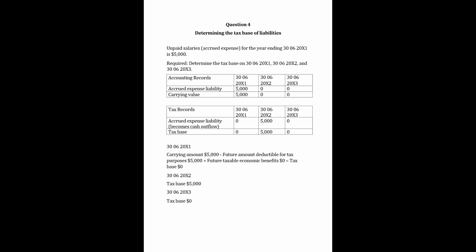We can see that from the table that we constructed for the tax record. Similarly, from that table we can see our X2 tax base is $5,000, and 20x3 tax base is 0.